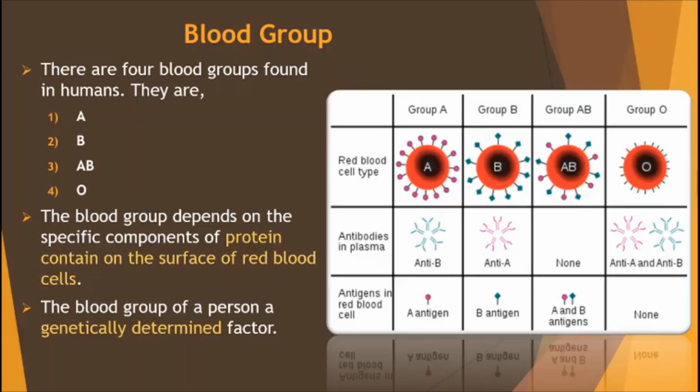In this table, you can get an idea how these antibodies and antigens act to create a blood group. You can get a rough idea from that table.